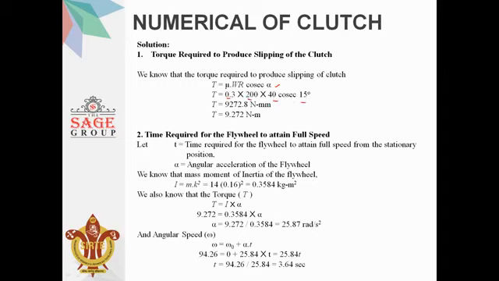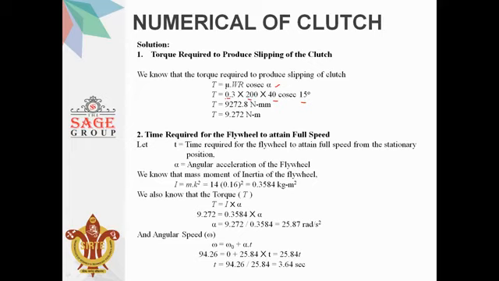So we will just put down all the values. Mu is 0.3, W is 200, R is 40 and alpha is 15 degree. When we solve it, we will get the value of 9272.8 Newton mm. So it will be converted to meter. So this will become 9.272 Newton meter. So this is our torque required.